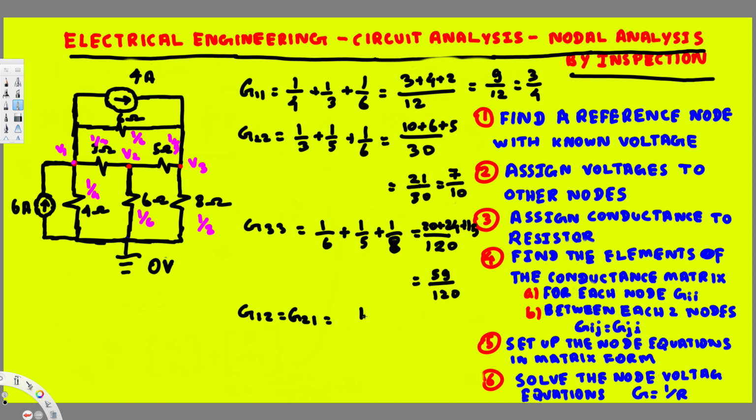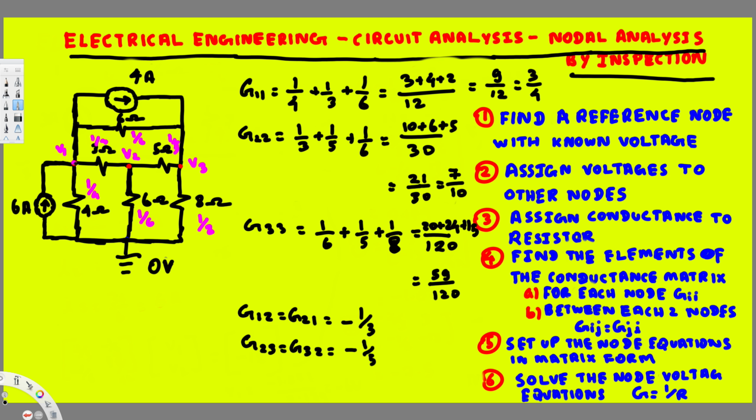So this is going to be 1 over 3, and here we have to do one more step. We have to put a negative sign in front. Then we have nodes 2 and 3. So we have G23 and G32, and the conductance in between is going to be 1 over 5, and also we have to put a negative, so this is going to be minus 1 over 5.